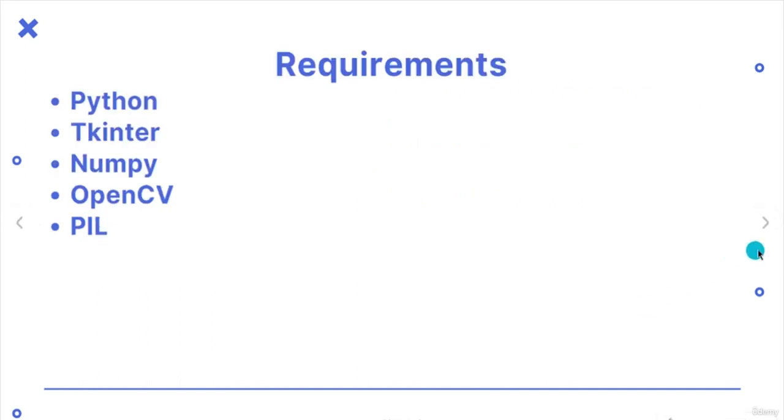We'll need Python installed, and Tkinter most likely comes with Python when you install it. If not, you can install it. NumPy, OpenCV, and Pillow we need to install with pip, which is the Python package manager.